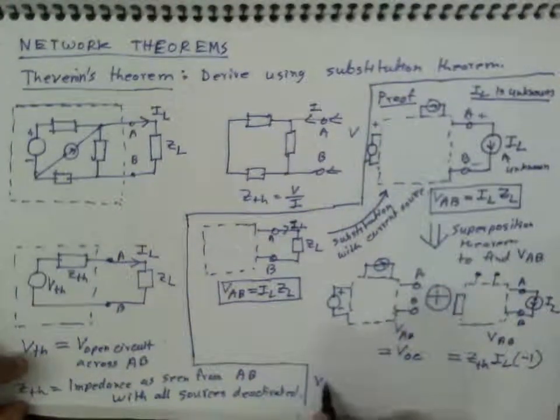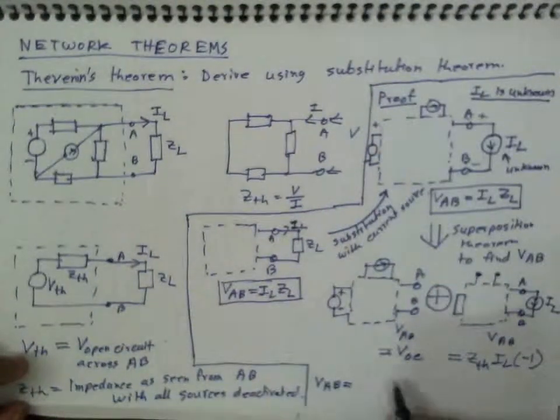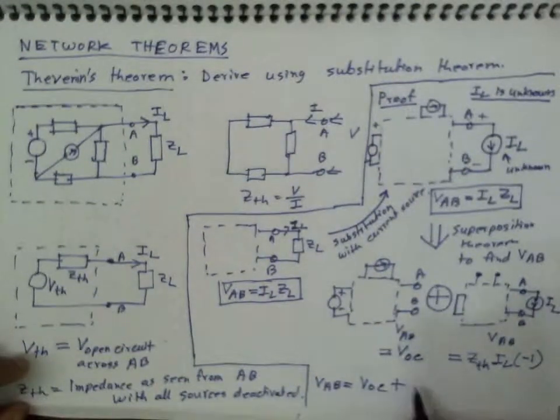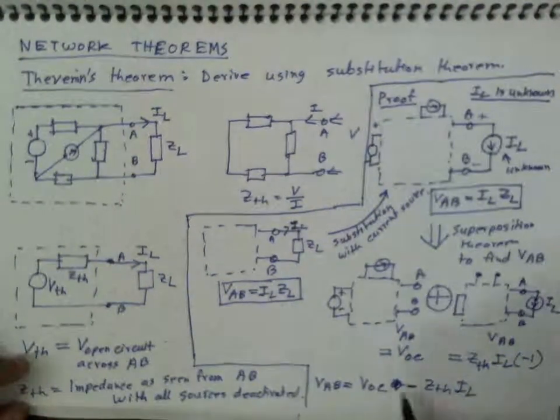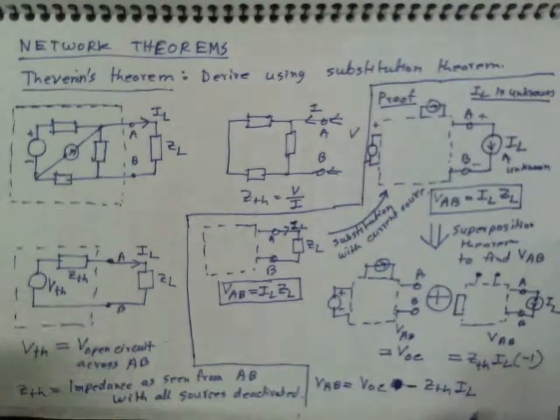So we will then have VAB equal to this VOC, open circuit voltage, plus this one, due to the minus, I take minus ZTH times IL, where IL is unknown. We do not know IL definitely.